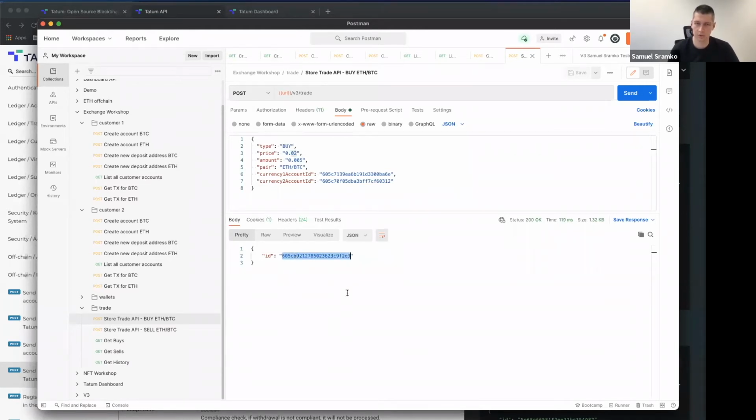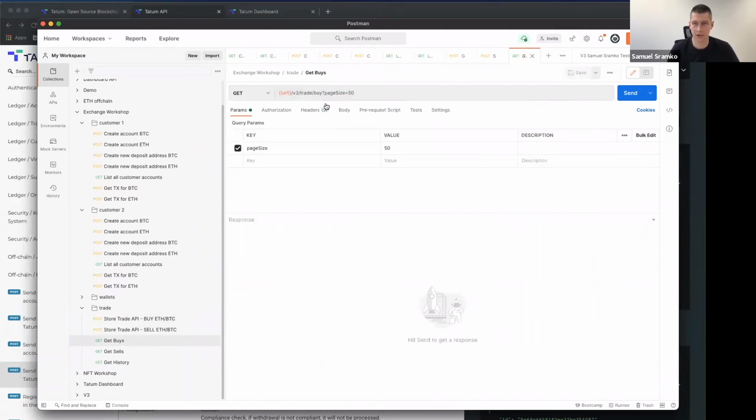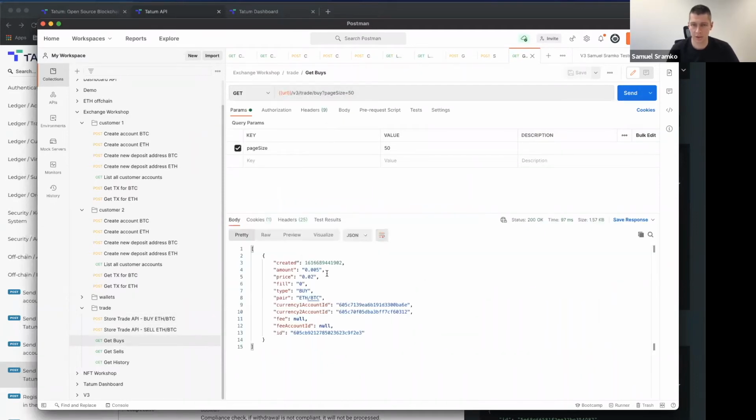We can take a look now at the open buy trades using the get buy endpoint, and we will see that I have one open buy trade. I can see the price, the amount, the type and pair. I can also see there is a fill, and the fill is 0, meaning no one performed the counter trade, and no one has matched any part of my open trade.